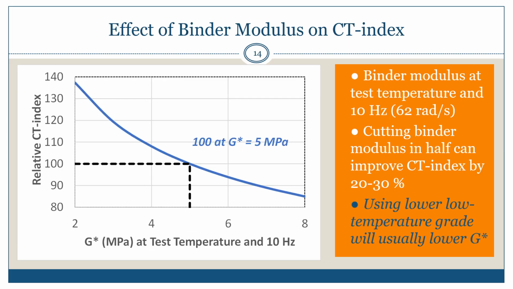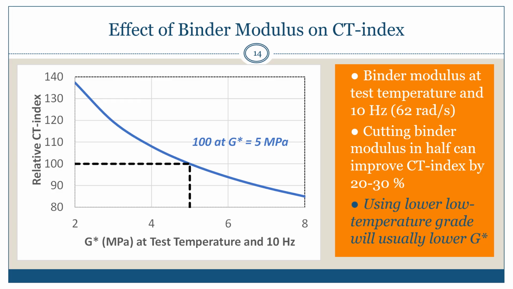I mentioned earlier that one of the best ways to improve cracking performance is to lower binder modulus, and that's what we saw in this research when we looked at the CT index. This shows relative CT index as a function of binder modulus at the test temperature and 10 Hertz. You can see here that as the modulus goes down, the CT index improves dramatically.